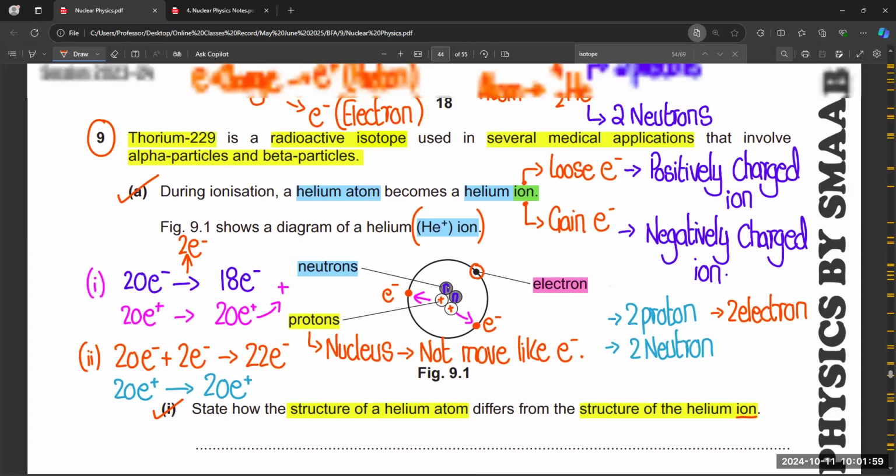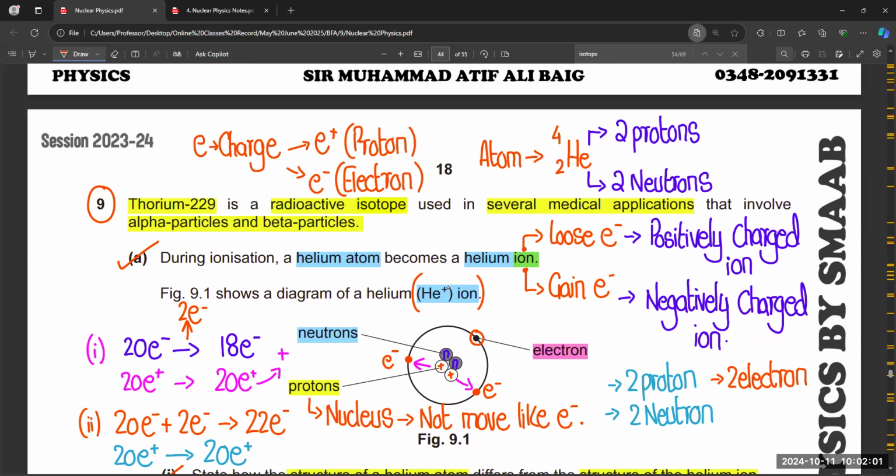Now we have two protons, two neutrons, and two electrons in the helium atom, right?